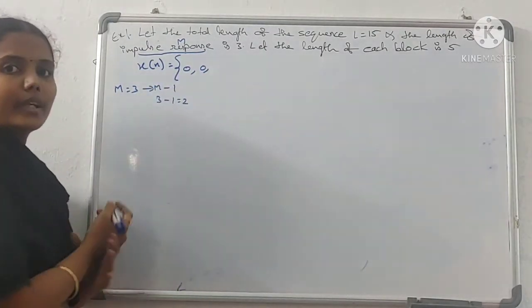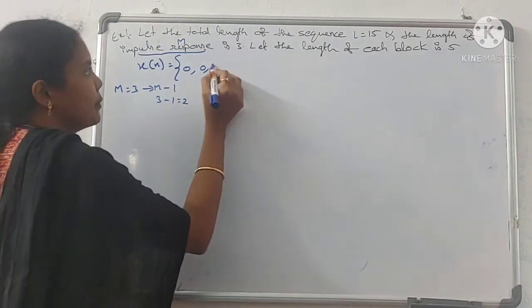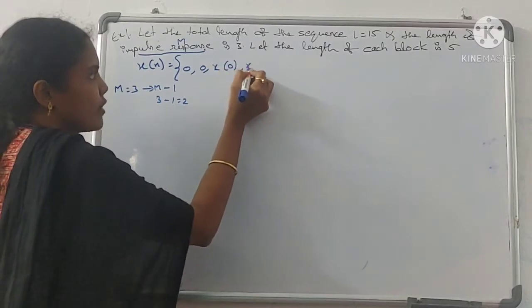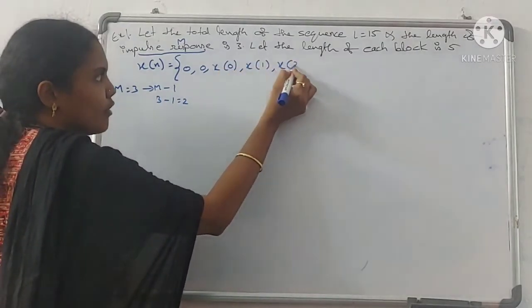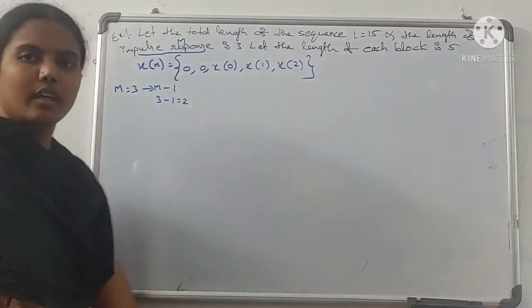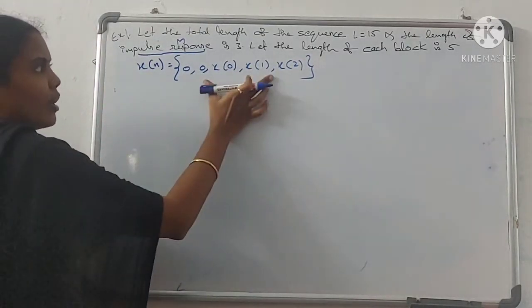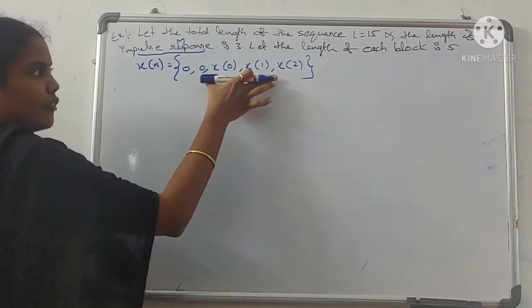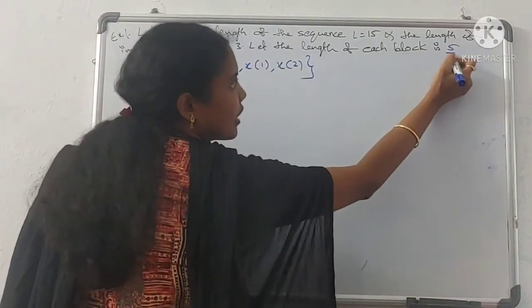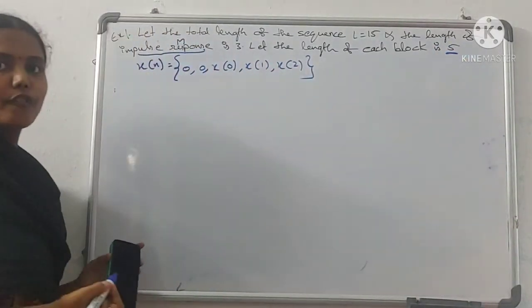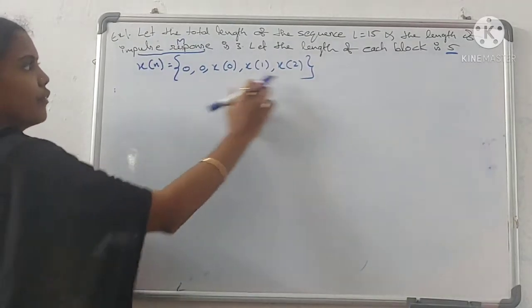And I am taking the inputs as x of 0, x of 1 and x of 2. Let the length of each block be 5.